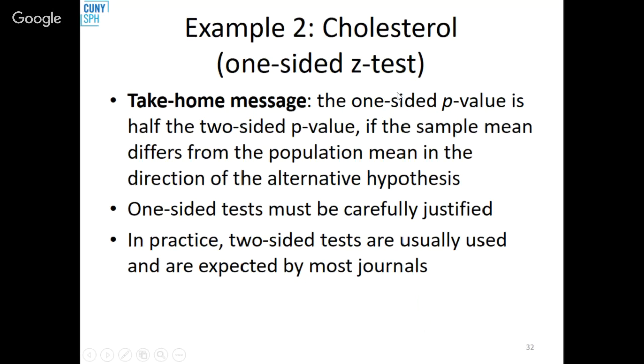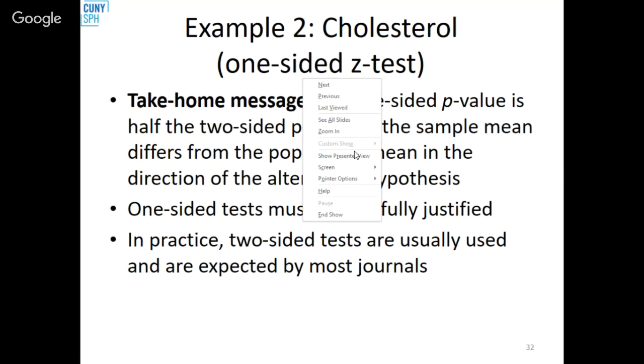The one-sided p-value is half the two-sided p-value if the sample mean is consistent with the direction of the alternative hypothesis. If it's in the other direction, then you end up with a very large p-value. And these one-sided tests have to be carefully justified because most journals expect you to use two-sided tests in almost all instances.